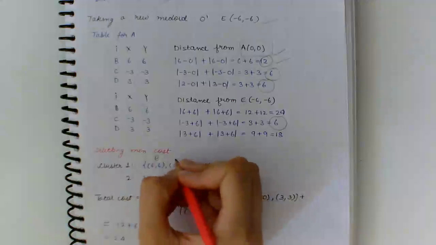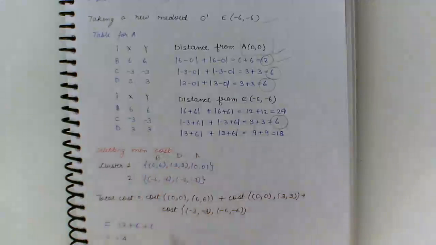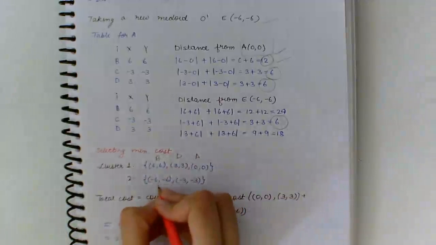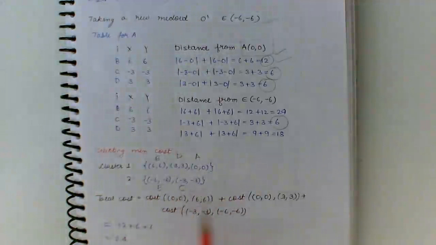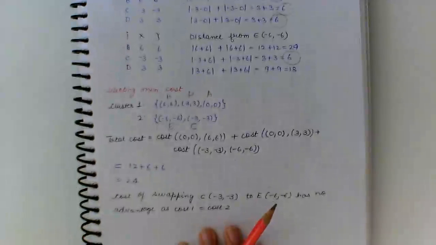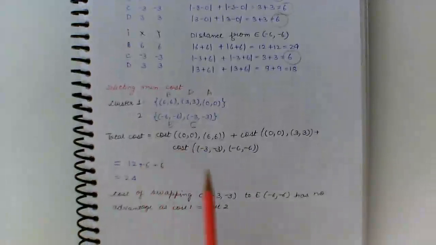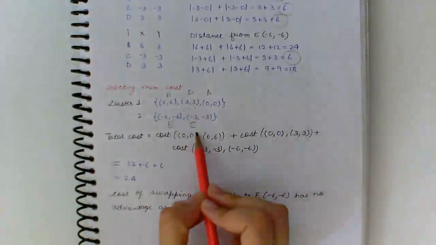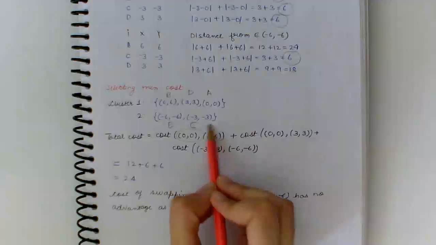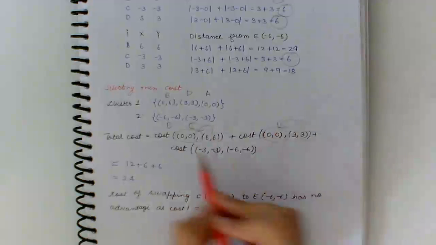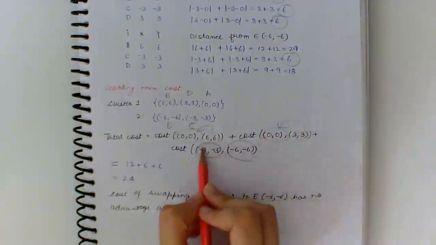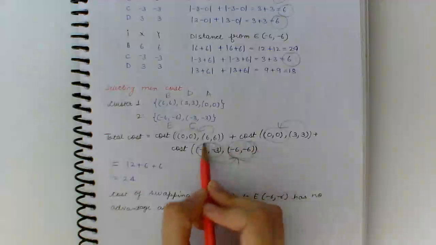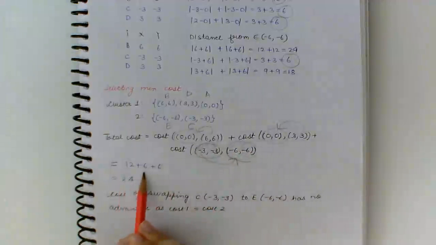Now we have cluster 1 as (6, 6), that is B, (3, 3), that is D, and A, and (-6, 6) and (-3, 3), that is E and C. As C was already in this cluster, we keep it here itself. Now the total cost, we do the same thing for each of the medoids.